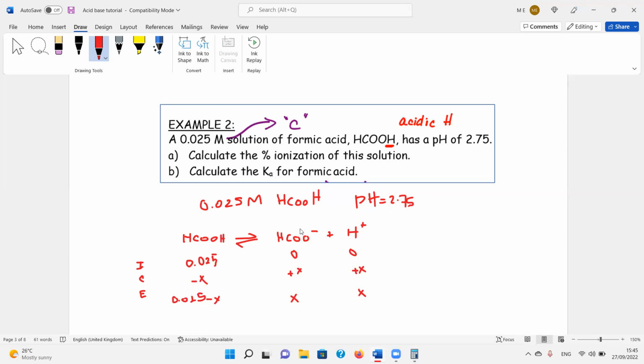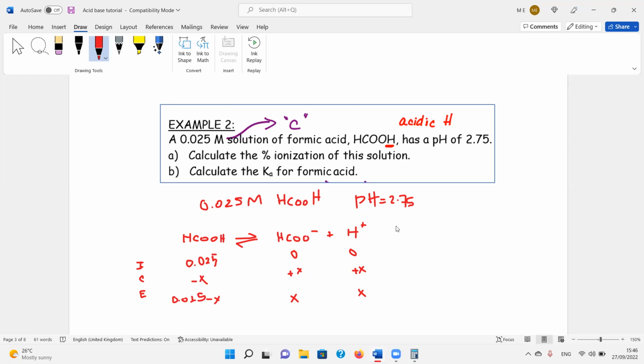As you can see, X here is related to the negative ion, and also it's related to the positive ion. Here we have the positive ion, which is hydrogen, and the negative ion, which is HCOO minus. So the key thing is that we need to find out X.